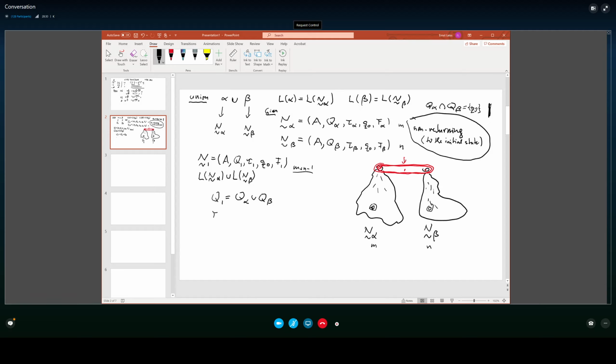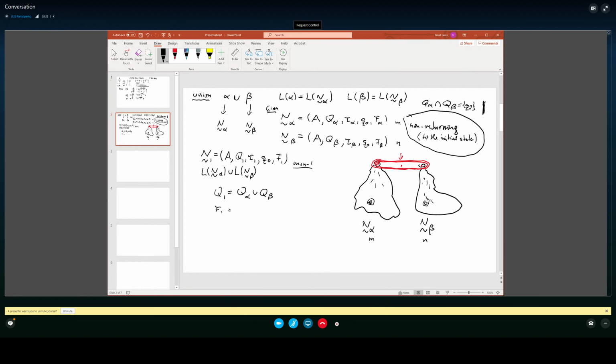And now let's go straight to the set of final states. Well, what do I want to be a final state in that union automaton? Well, obviously, I want everything that was a final state in either N sub alpha or N sub beta. Because when is a word accepted?